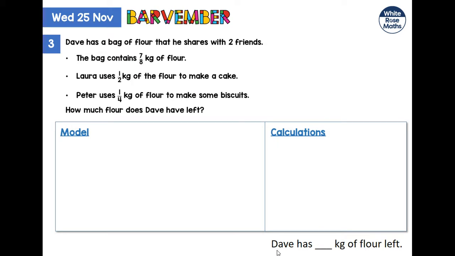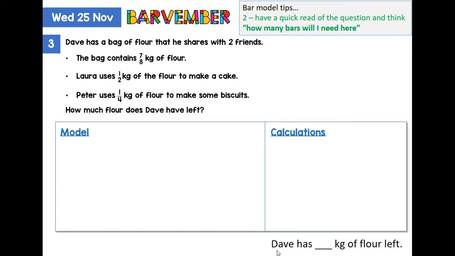Question 3. Start as always with how many bars we've got. Well, we've got Dave and 2 friends, so 3 bars. But actually the question is really about the bag of flour, so we'll start off trying to deal with 1 bar for the bag of flour.